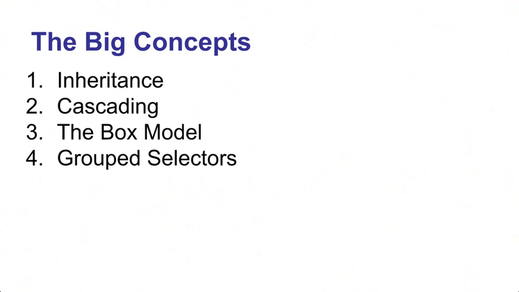The third is the CSS box model, which governs a lot of what we can do to lay out elements on the page. The last, group selectors, is more like an example of the richness of CSS than a big concept in and of itself. Group selectors are how one rule can apply to elements of different types. We'll see other kinds of selectors in the chapters that follow.